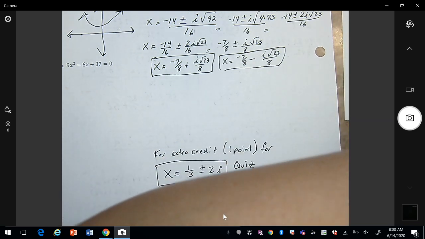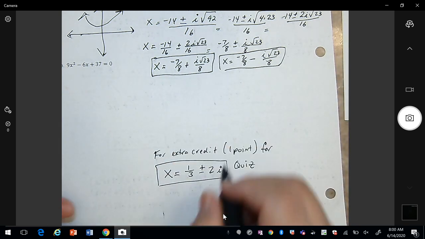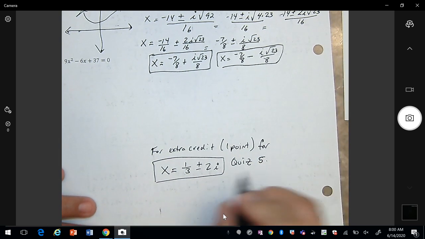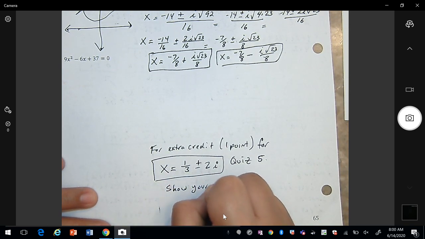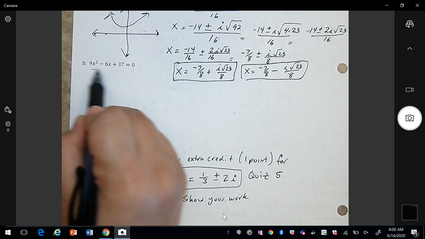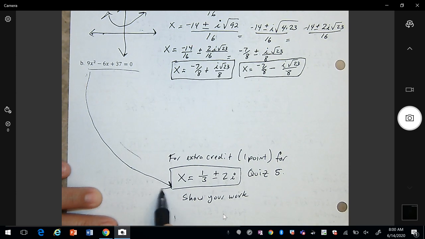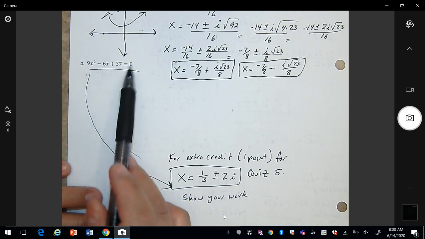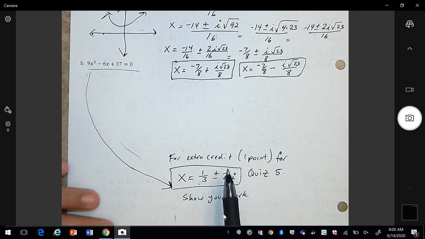For quiz 5, show your work for letter B. Again, the answer you should get when you complete this is 1/3 plus or minus 2i.